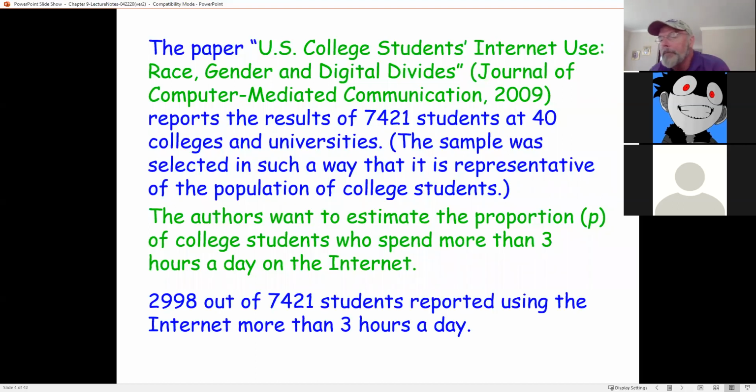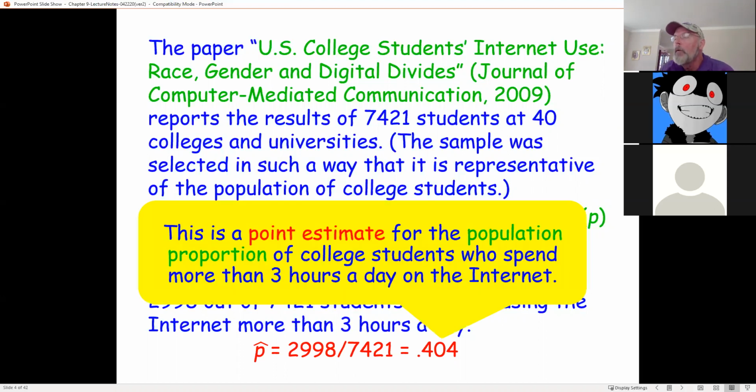So anyway, here is almost 3,000 out of 7,421 that reported using the internet more than 3 hours a day. So that proportion is 0.404.